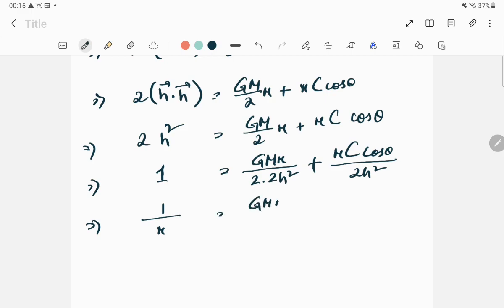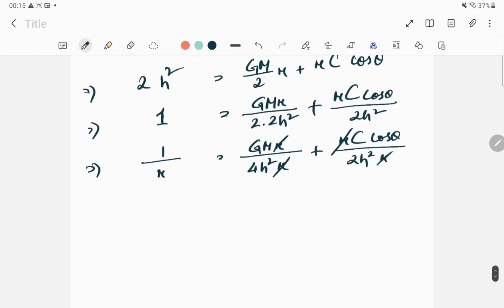So GM small r by 4h square r plus rc cos theta by 2h square r. R and r get cancelled. R and r get cancelled. So finally remains GM by 4h square. Then we have c cos theta by 2h square.